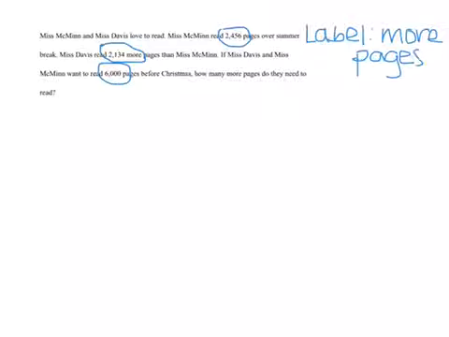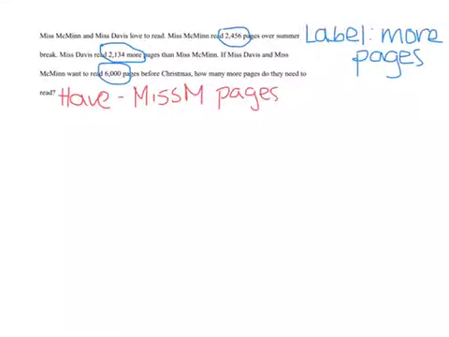Okay, what information do I already have? Well, I know how many pages Miss McMinn read. I'm just going to write Miss M pages. And Miss Davis, I'll write MD for Miss Davis, 2,134 more.